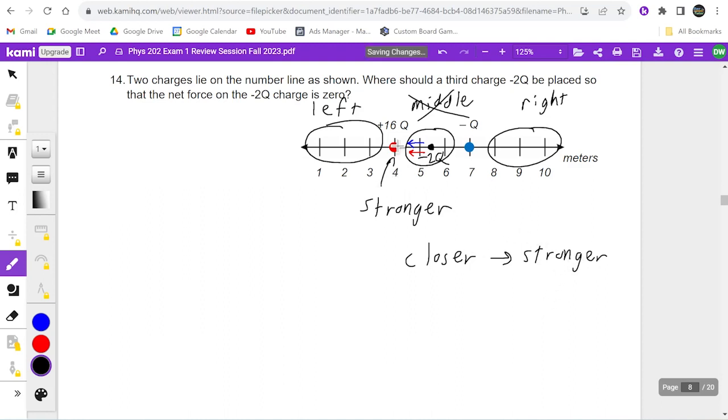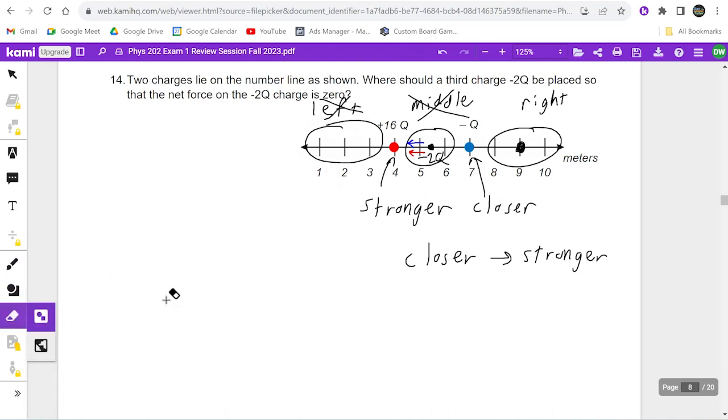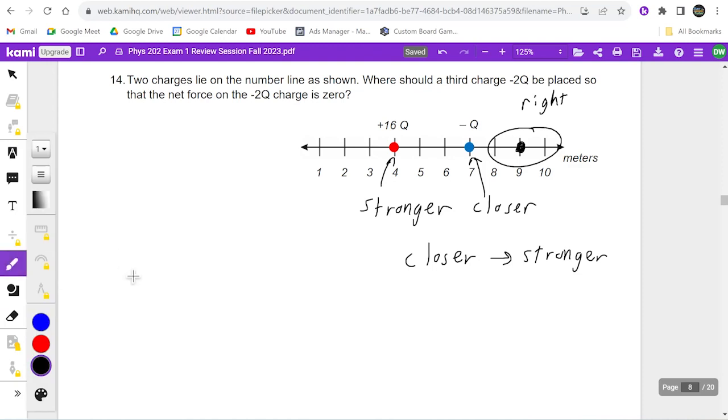So even though the 16q can be stronger, if we put it closer to the minus q, that's going to balance out the charges. So I don't know where it is exactly. I'm just going to put it here for now, but I know it has to be on the right side. Left side is wrong. I'm going to erase some of this to clear up some space, but you can leave it, obviously. So I'm saying it has to go on the right side.